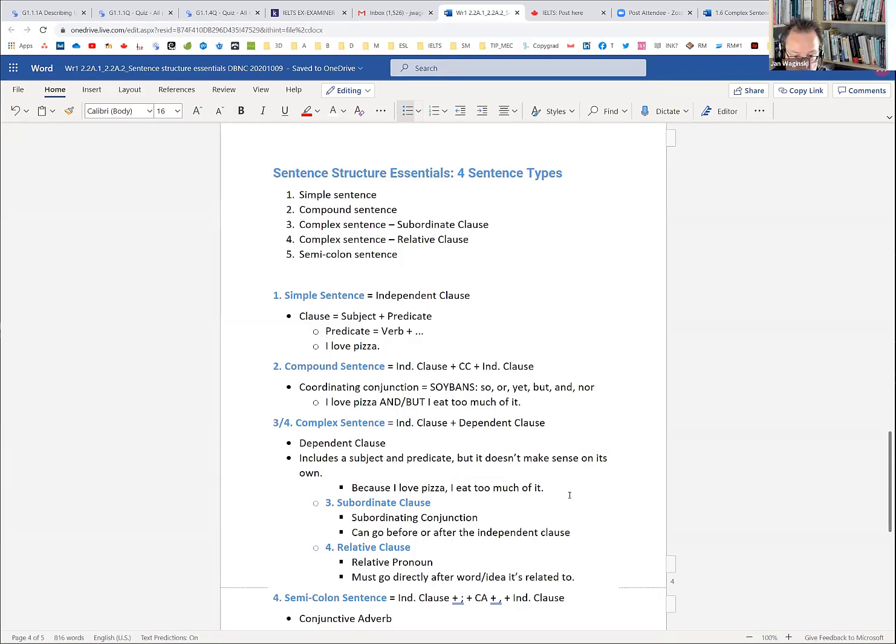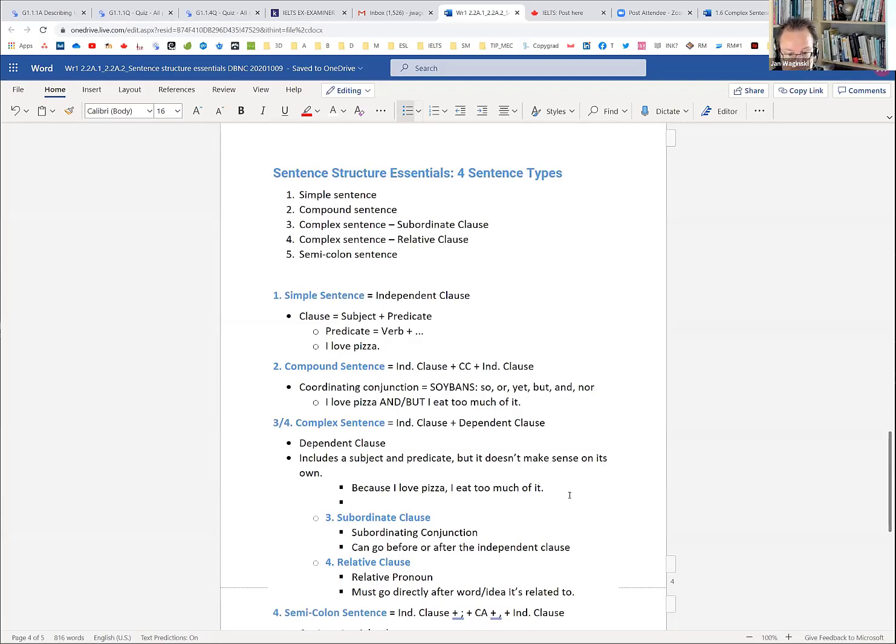You can flip the order of these. You can say, I eat too much pizza because I love it. I just swapped it. So the because can come before or after.